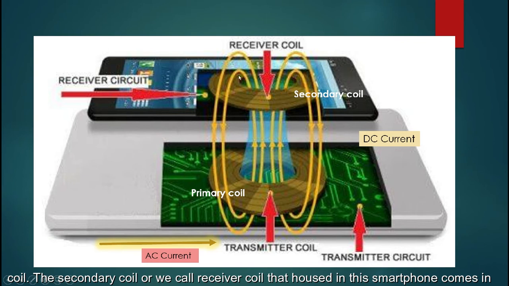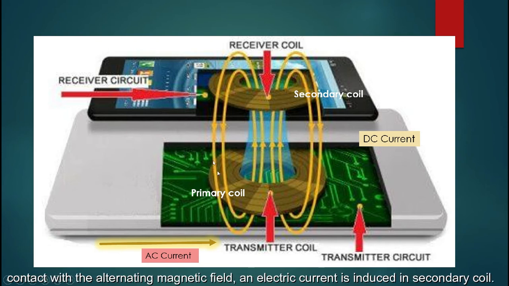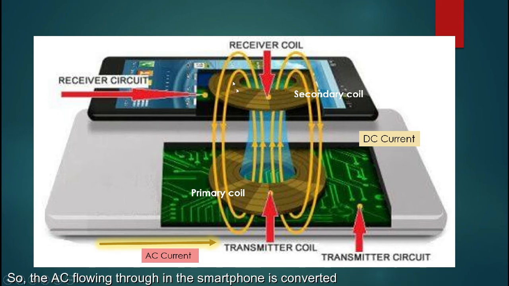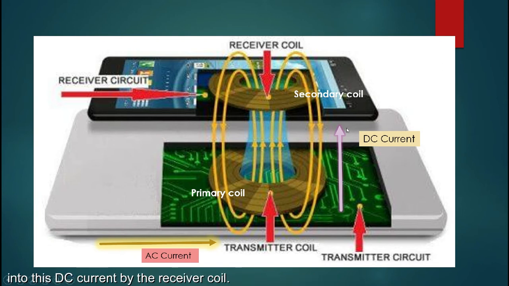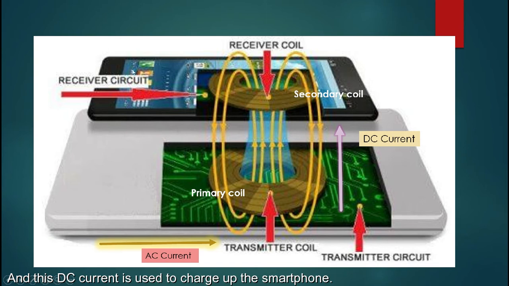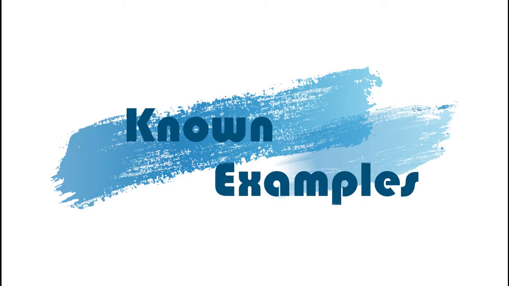When the secondary coil, or receiver coil, housed in the smartphone comes in contact with the alternating magnetic field, an electric current is induced in the secondary coil. The AC flowing through the coil in the smartphone is converted into DC current, and this DC current is used to charge up the smartphone.